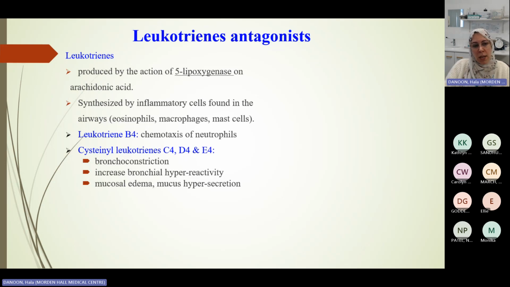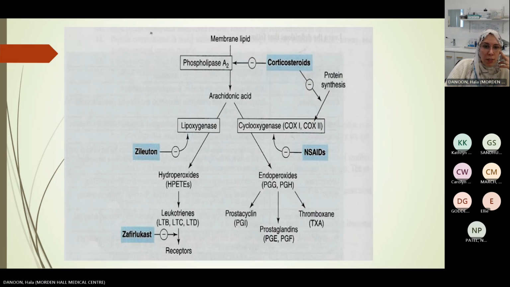The way it works is it reduces bronchoconstriction, bronchial hyperactivity, mucosal edema, and mucus hypersecretion. Again, it's an inflammation that happens because of the leukotrienes. So if you can see in the diagram, the drug has a place where it reduces the leukotrienes attaching to the receptors.